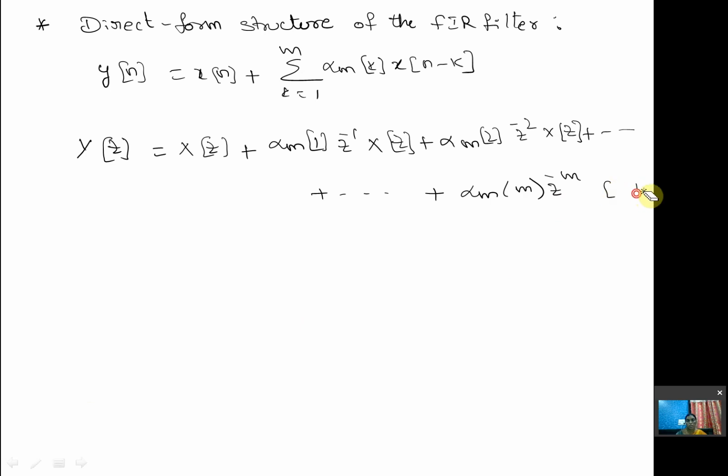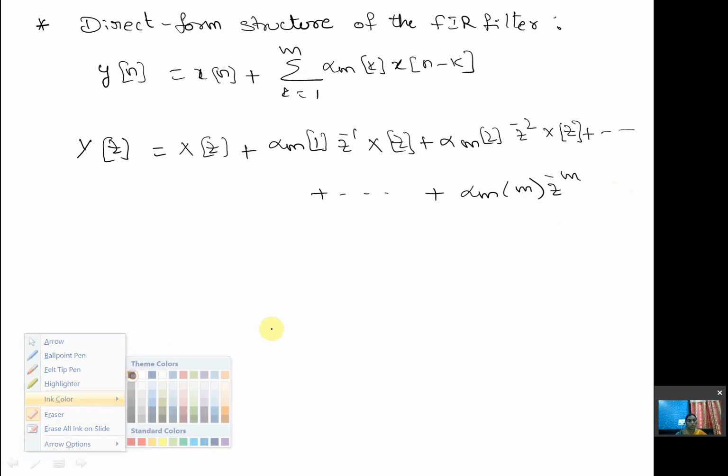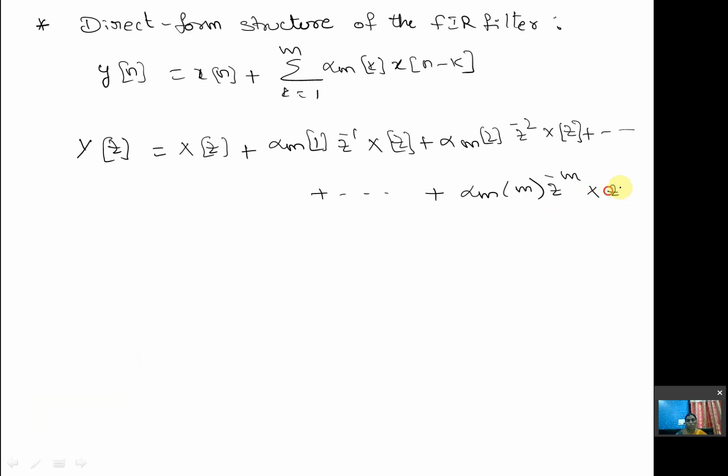X of n minus m z transform is z power minus m x of z.